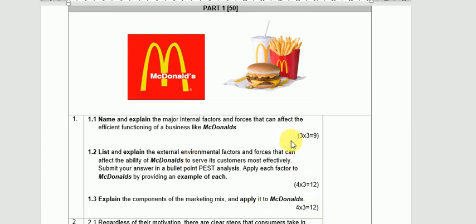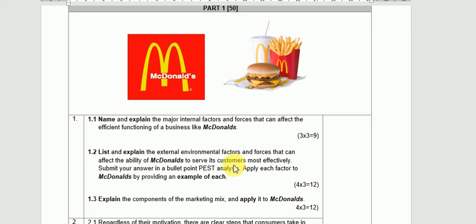Again, like we discussed in class this morning, 3 times 3 means name it, that's 1 mark, explain it, that's another mark, and apply it to McDonald's, and you'll get your third mark. Right. List and explain, question 1.2. List and explain the external environmental factors. Quite simple. We did the pest analysis, or we started with the pest analysis this morning in class.